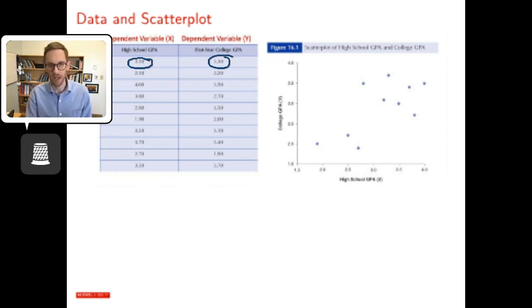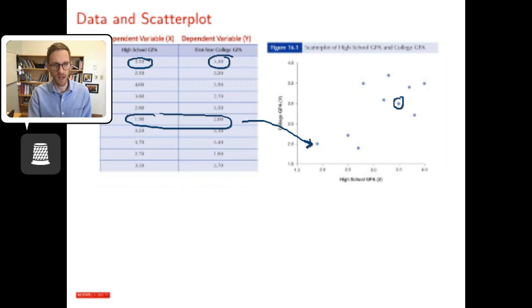They got a 3.5 in high school and a 3.3, so it looks like they're right here, somewhere around there, right? And we can do that for each one. In this case, it looks like this person got 1.9 in high school and a 2.0 in college, so that case is right there. So we went ahead and plotted each one of these to create the scatter plot.